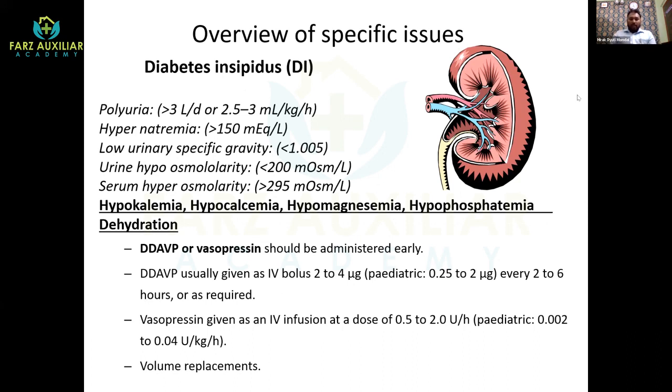The drug of choice is vasopressin, and 50% of the deficit should be treated with hypotonic saline or 5% dextrose. So you have to remember diabetes insipidus, and you will be asked a question in your EDIC exam regarding diabetes insipidus.